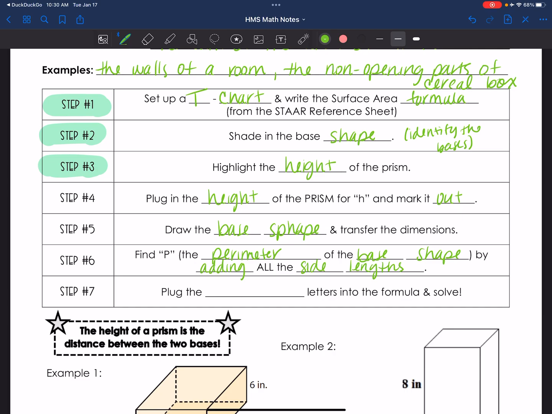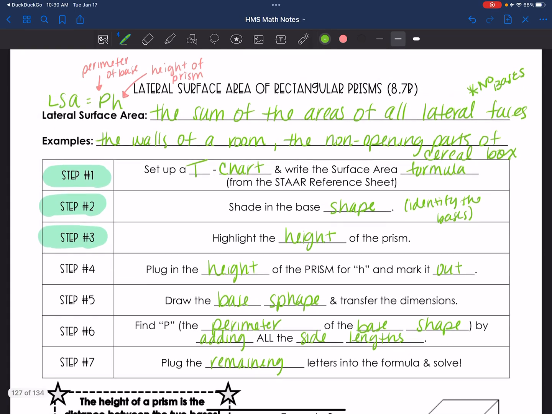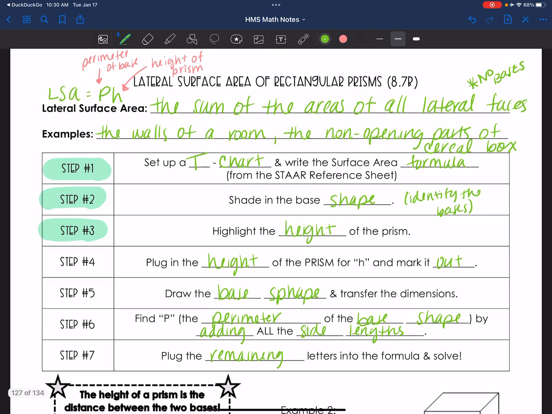Lastly, plug the remaining letters into the formula and solve. Meaning plug in P times H, right? That is multiplying. Hopefully you'll get it.